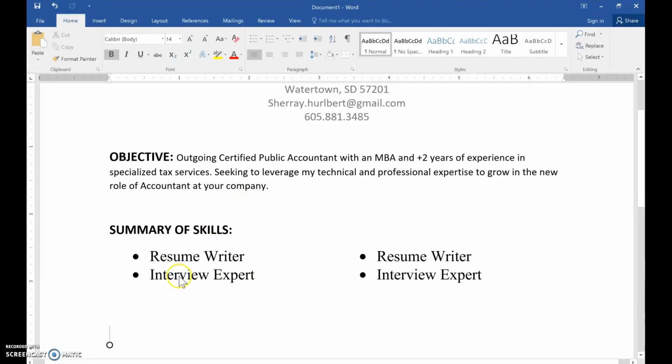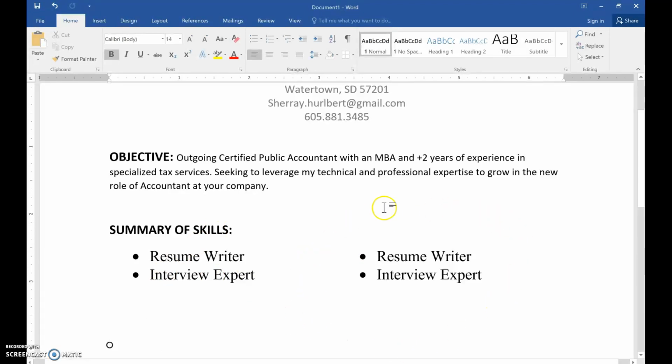Now, a lot of times if you have a summary of skills, and let's say you have 10 skills, you don't want to list them all on one side because it creates a lot of white space, and white space has a tendency to signify lack of qualifications, even though your qualifications are all on the left.